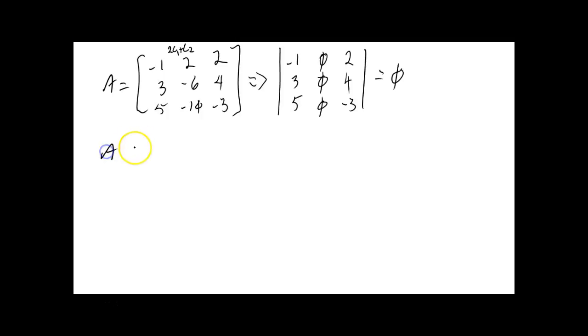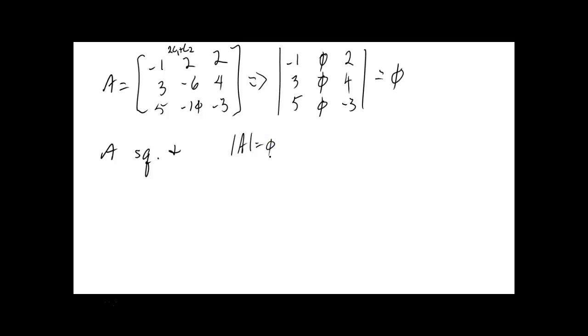If A is a square matrix, why does it have to be square? You can't take a determinant of anything that's rectangular if it's not square. If A is a square matrix and any one of the following conditions is true, then the determinant of A equals 0.